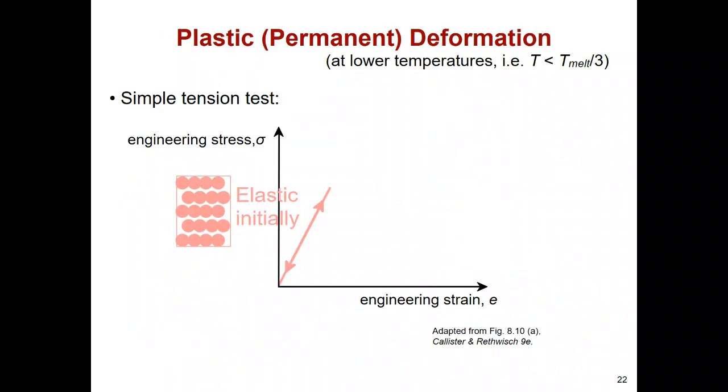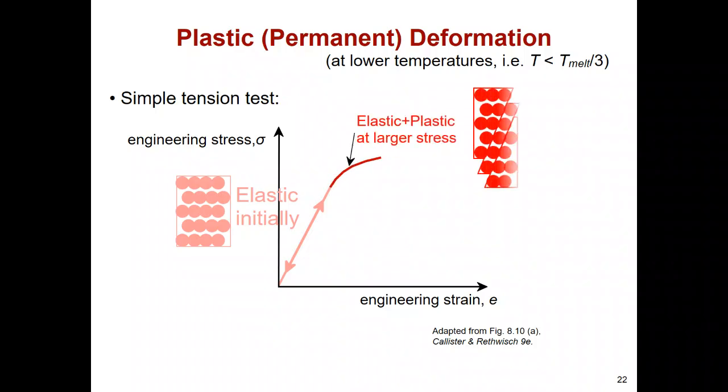Let's discuss more about plastic deformation. We already discussed some plastic, permanent deformation. When we apply simple tension, initially the material experiences elastic deformation. However, when we exceed a certain stress value, it shows dislocation behavior or large deformation.